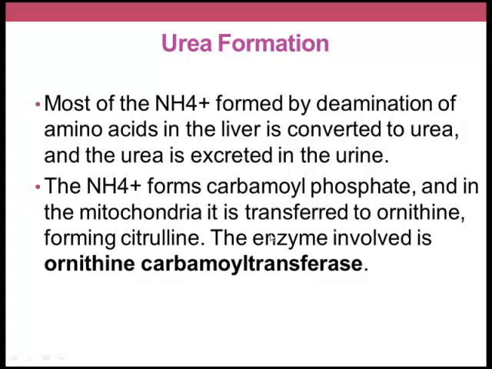Actually, when this enzyme is deficient or genetically absent, as in one of the inborn errors of metabolism, there is an increase in ammonia level, because its conversion to the final product, citrulline, is hindered, and this patient may have a certain clinical form of encephalopathy or disturbed conscious level.